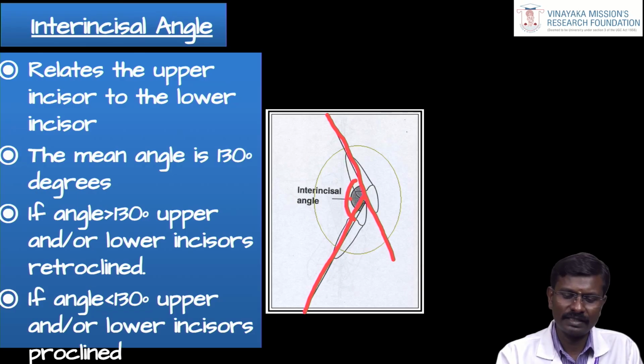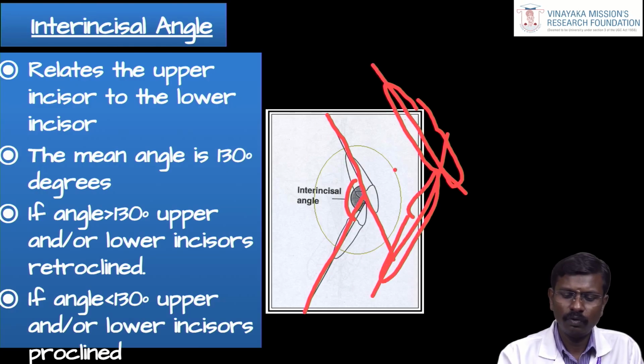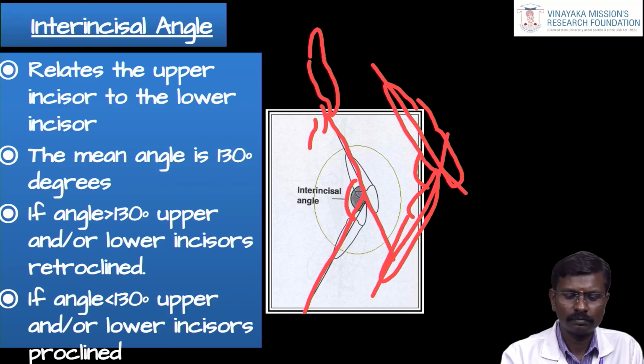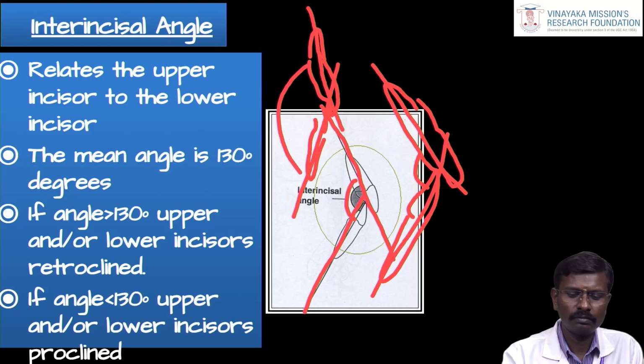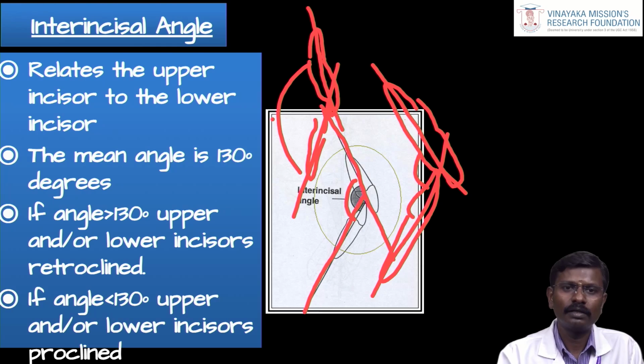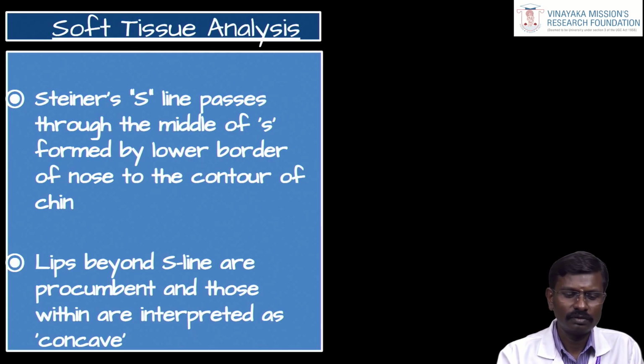Just imagine in these cases, if your incisor is more proclined, you will get a smaller angle. If your incisor is more upright, you will get a larger value. So with this also we will come to know whether the teeth are more proclined or more retroclined. The next one is soft tissue.